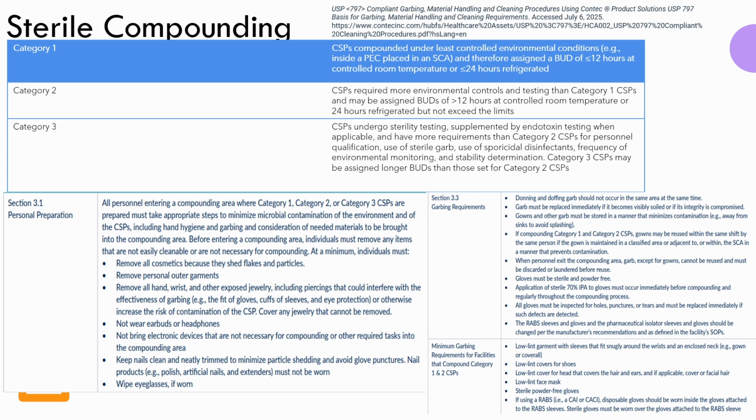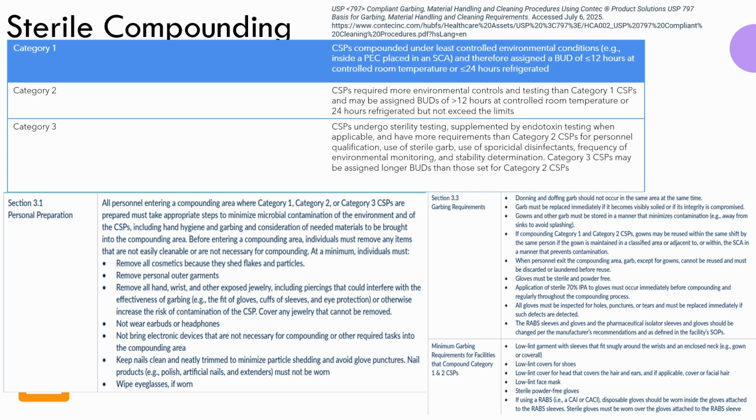We're also going to talk about some of the garbing requirements later, but the minimum garbing requirements in category one and two are low-lint covers for shoes, a low-lint cover for the head that covers the hair and ears, a low-lint face mask, sterile powder-free gloves, and a low-lint garment.